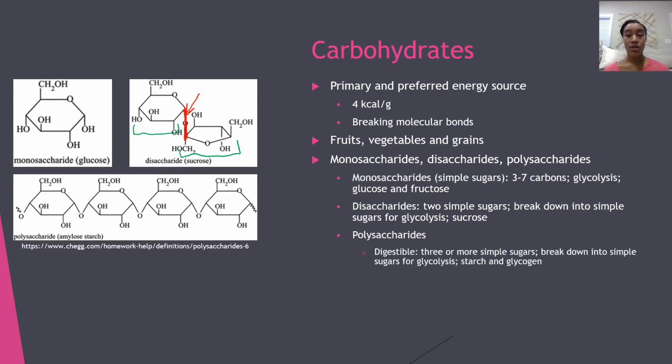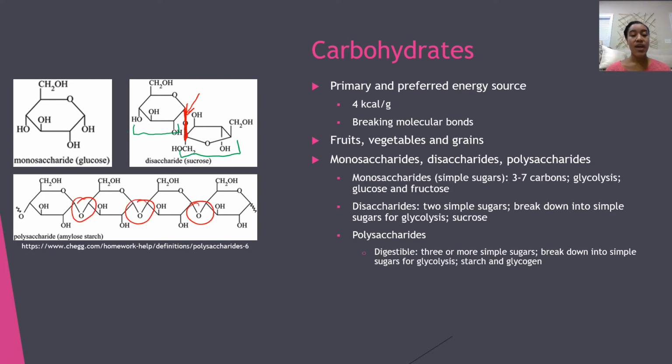Then we have polysaccharides, and there are two types: digestible polysaccharides and indigestible polysaccharides. One example of a digestible polysaccharide is starch, and this picture shows part of the structure of starch. Starch is composed of a whole bunch of glucose monosaccharides that have been linked together. You can see those linkages here, with bonds all in those areas.